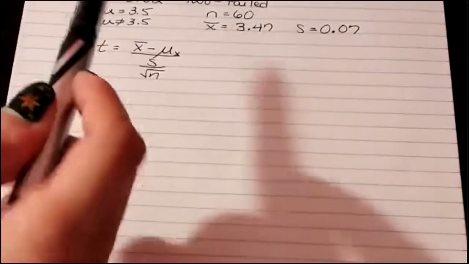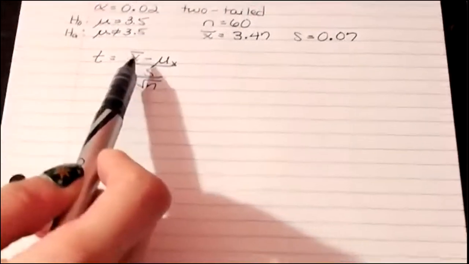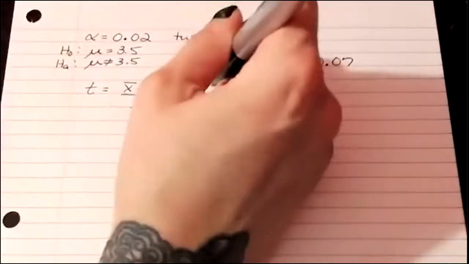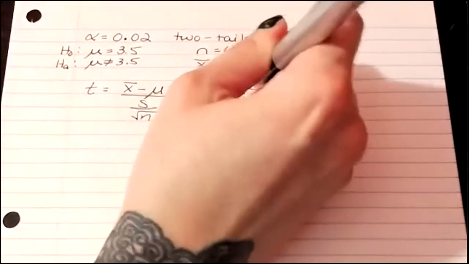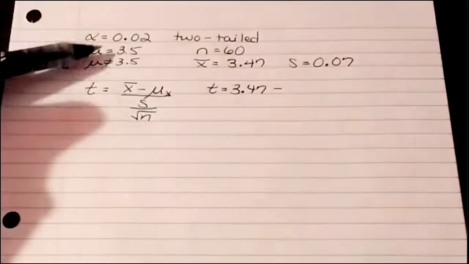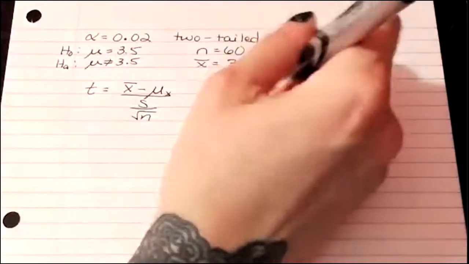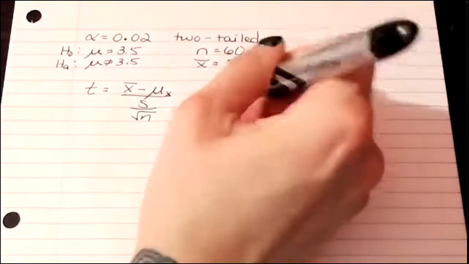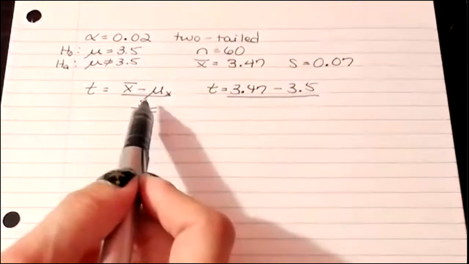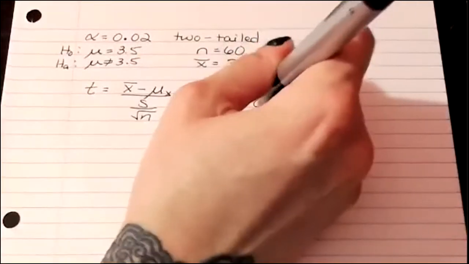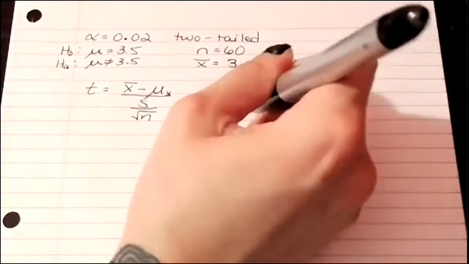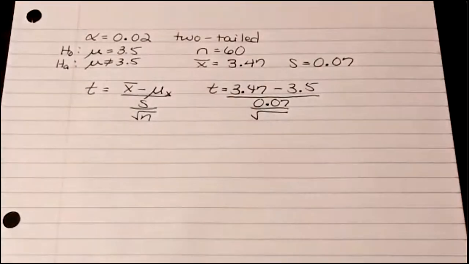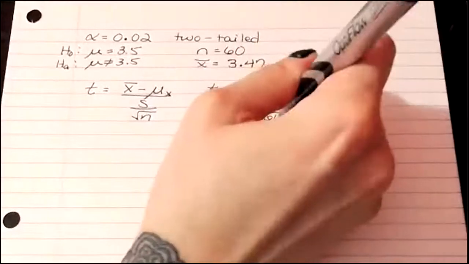We see here that our sample mean is 3.47. We know that our population mean is 3.5, divided by our sample standard deviation, 0.07, divided by the square root of n, in this case 60.